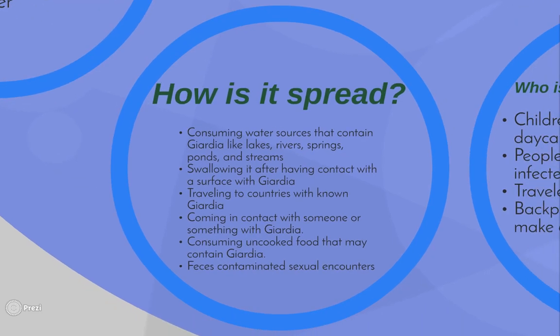How is it spread? You can see that it can be spread by consuming water sources that are contaminated, like lakes, rivers, springs, streams, and ponds. Another way is if you touch a surface that can contain Giardia and you put your hands in your mouth before washing your hands properly, then you can contract it or become a host for Giardia.